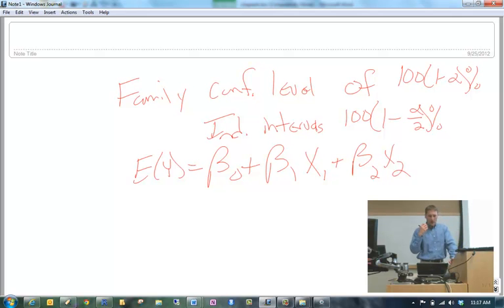And let's say that I want to find confidence intervals for each of these betas. So now I have 3. But I still want to control my family confidence level to be 100 times 1 minus alpha percent. What should I take for the individual intervals as their confidence levels? I think I heard the answer. Replace that with a 3.